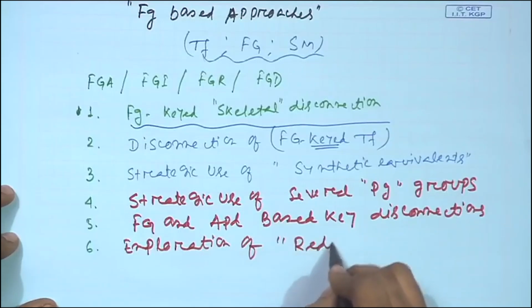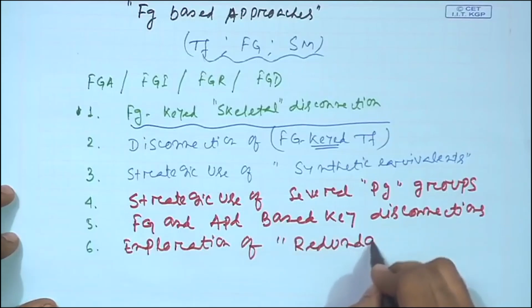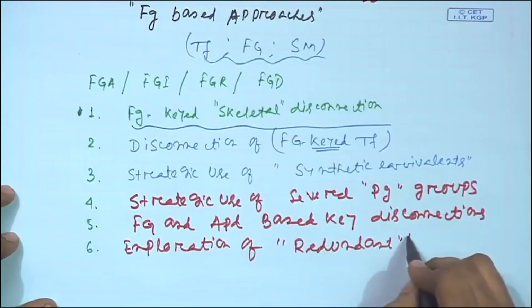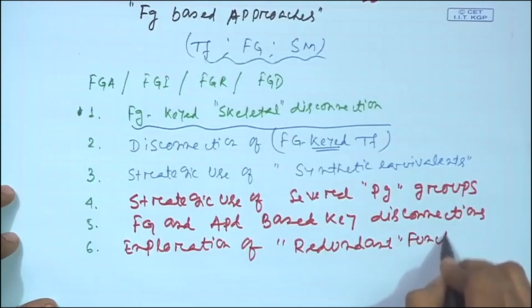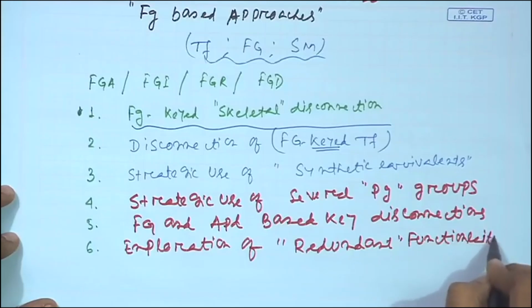exploration of redundant functionality. Redundant functionality means a functional group which is not required in the final structure, but still you need to talk about it. Let us say you are synthesizing a hydrocarbon target molecule.